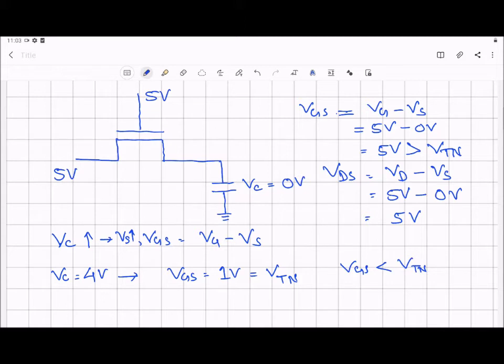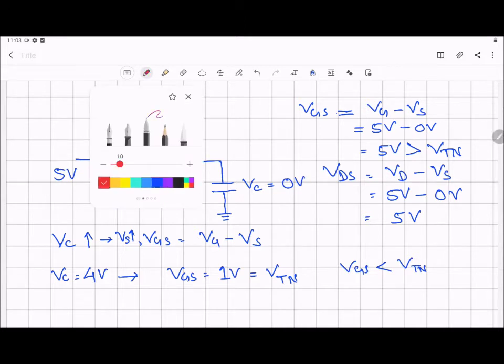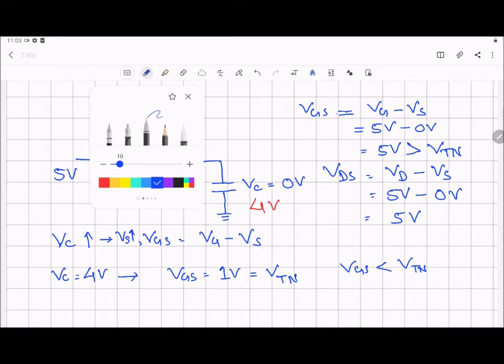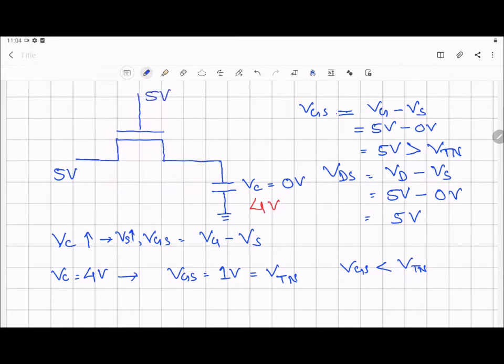If we further want to charge the capacitor, then VGS will go less than VTN and the transistor will turn off, and hence we can say that we wanted to pass a 5 volt signal, but instead of 5 volt we are getting 4 volt across the capacitor, 4 volt maximum voltage. So we can say that it is a degraded logic. Instead of 5 volt we are getting only 4 volt.